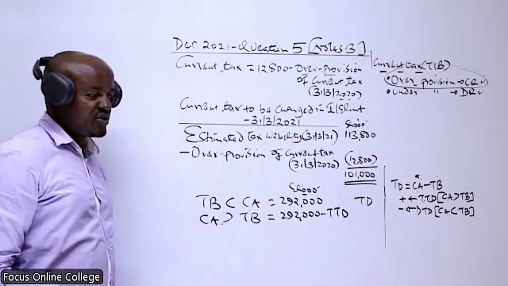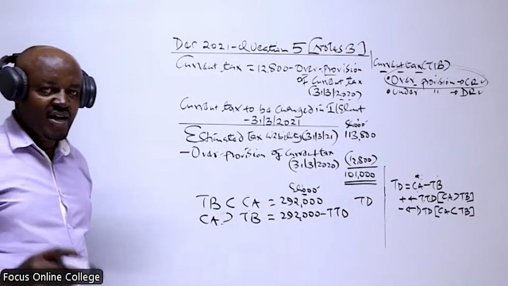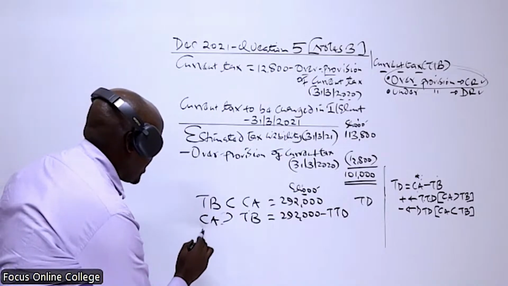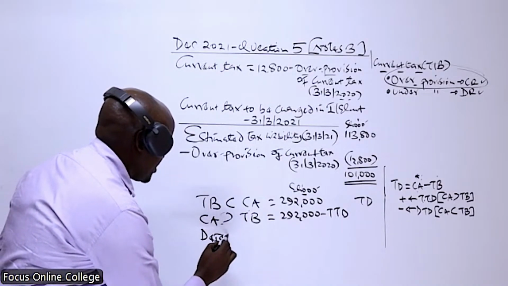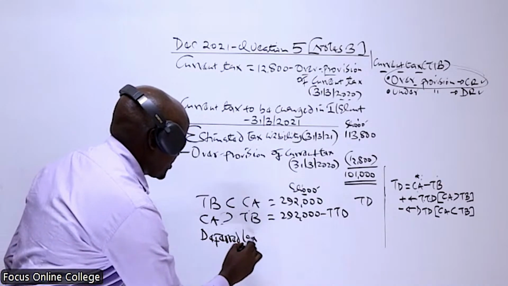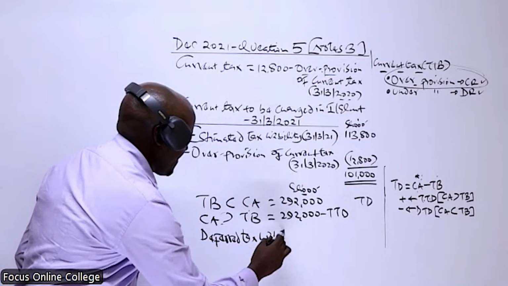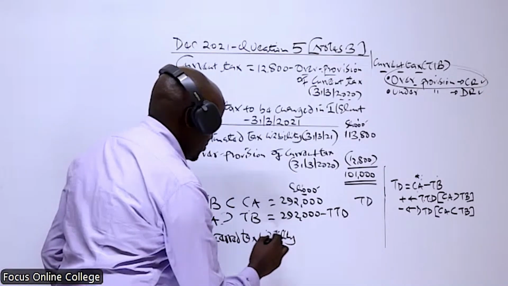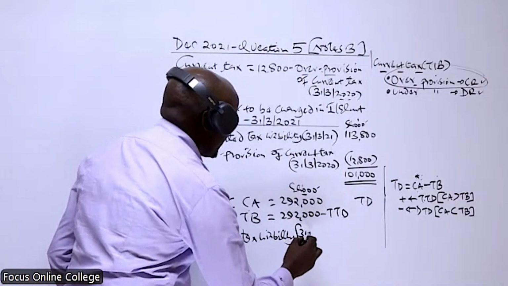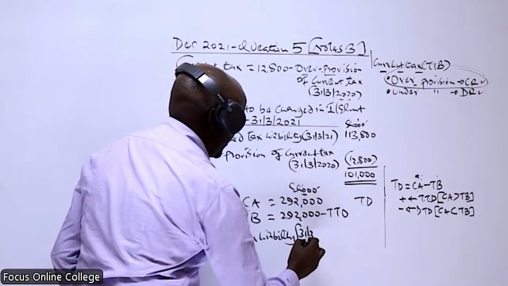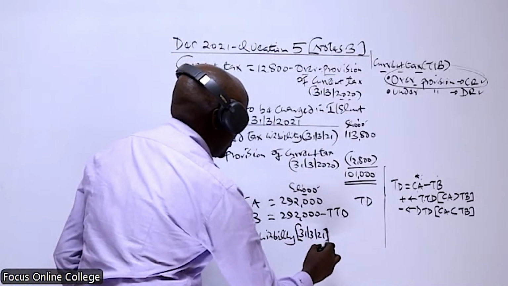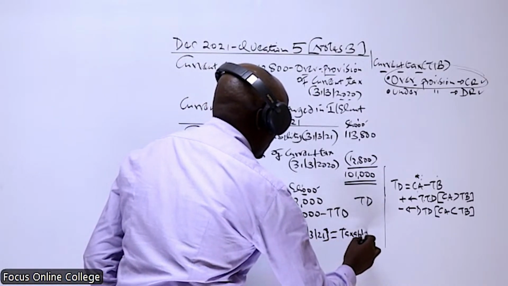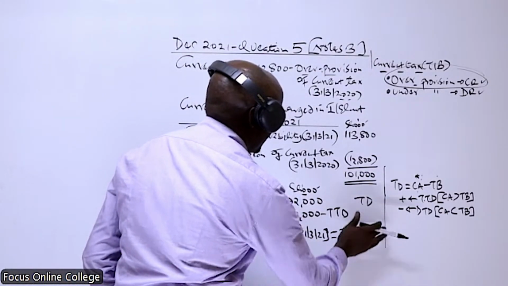So if it is a taxable temporary difference, then what this company will recognize at the end of the year is something called a deferred tax liability. The deferred tax liability, which basically at the end of this year, 31st of March 2021, will be equal to the taxable temporary difference.